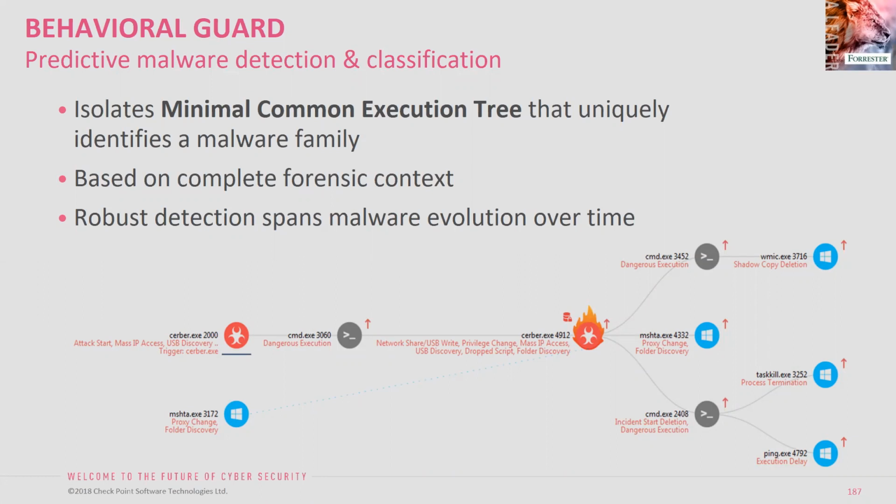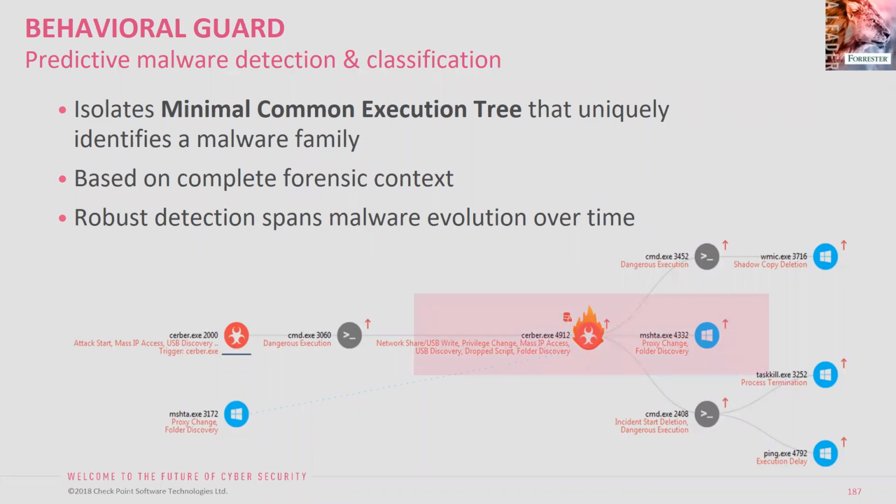The detection and classification process is based on the unique algorithms of minimal process execution tree similarities. This protection capability adapts to malware evolution over time and can be used to detect and prevent types of attacks, including legitimate scripting tools that are acting maliciously.